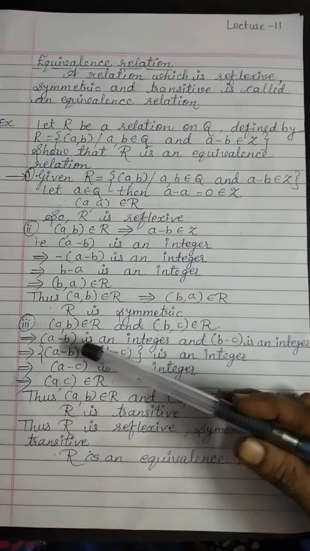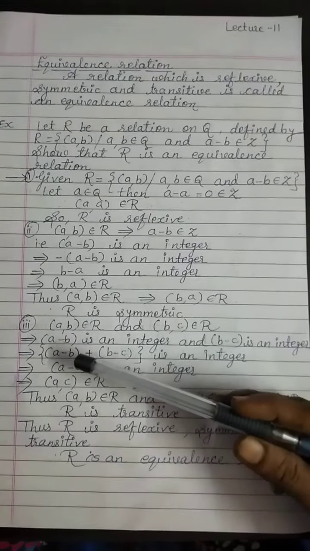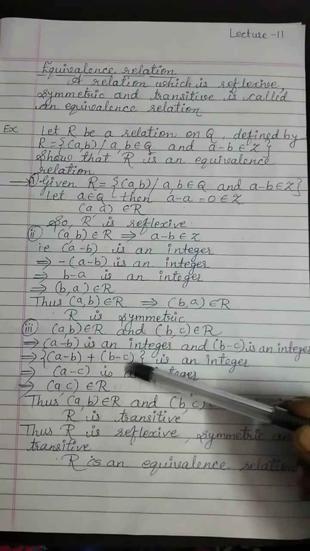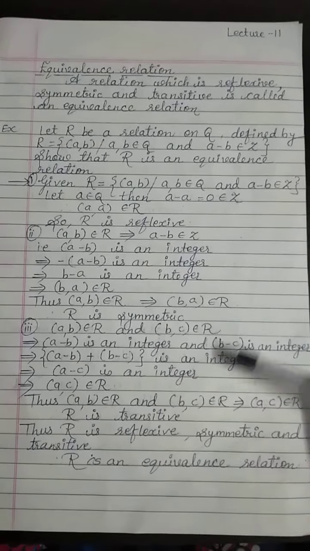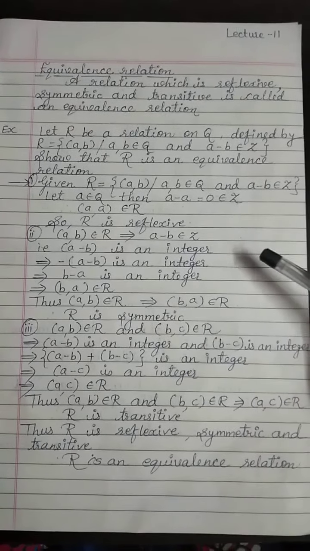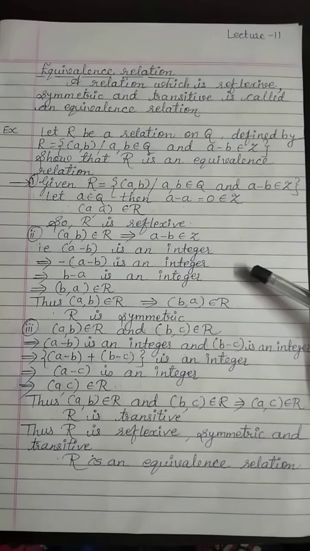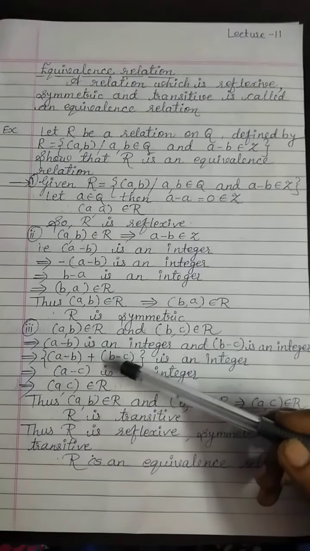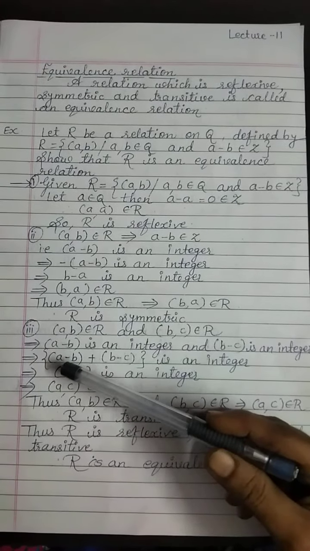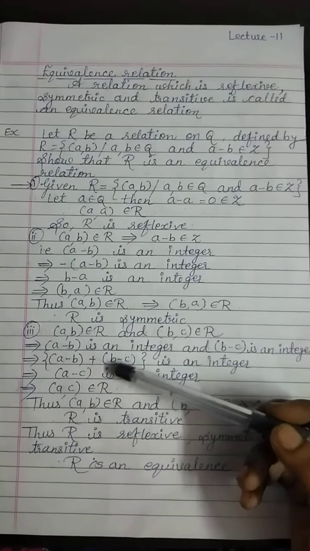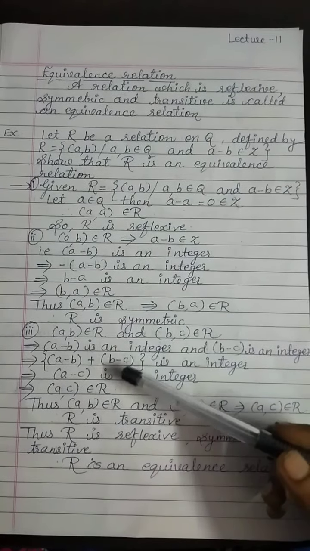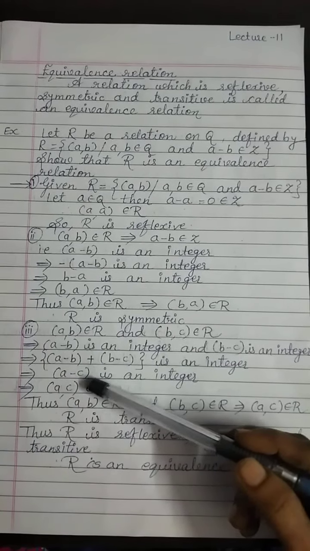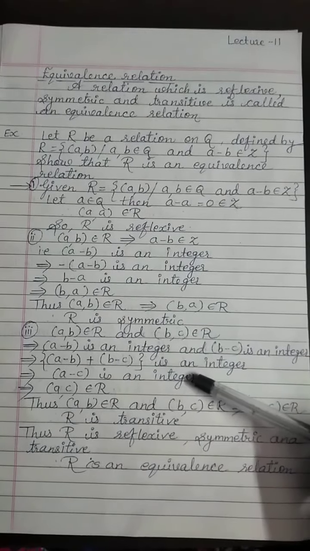Together we can say that A minus B plus B minus C is an integer, because if A is an integer and B is an integer, then A plus B is also an integer. If we simplify this, we get A minus B plus B minus C. So minus B plus B will get cancelled, and the remaining term, A minus C, is an integer.